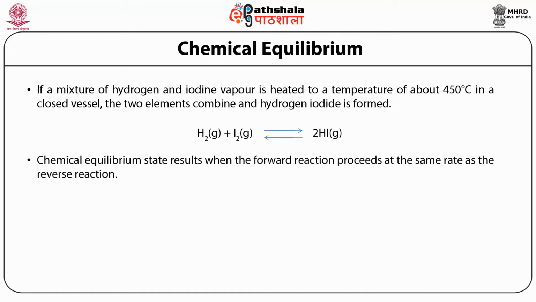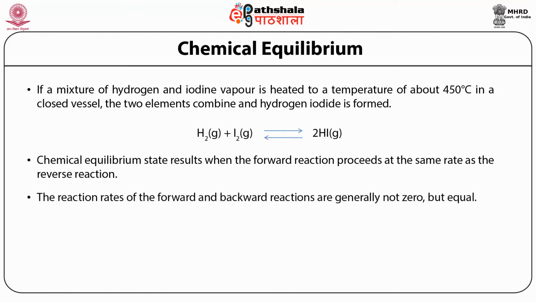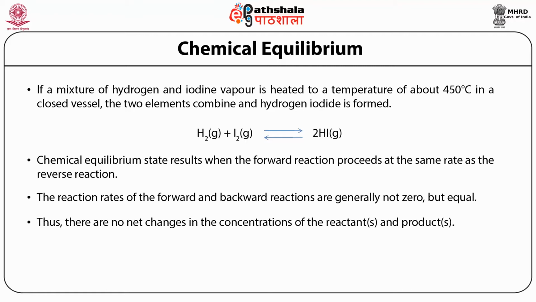Chemical equilibrium state results when the forward reaction proceeds at the same rate as the reverse reaction. The reaction rates of the forward and backward reactions are generally not zero but equal. Thus, there are no net changes in the concentrations of the reactants and products. Such a state is known as dynamic equilibrium.